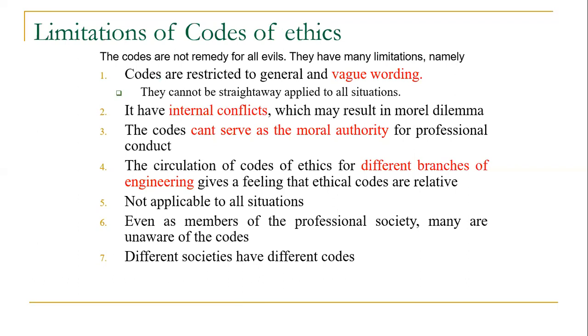Also, it is impossible to predict all aspects of moral problems that can arise in complex, dynamic engineering professions. Next, engineering codes often have internal conflicts which may result in moral dilemmas. That is, several entries in codes overlap with each other. So there are internal conflicts, but the codes do not provide a method for resolving these conflicts.